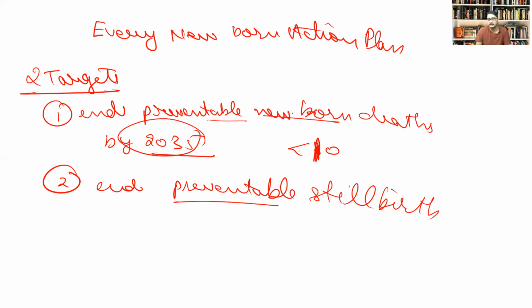Mostly, newborn deaths can be prevented. Now, what is stillbirth? The target is that by 2035, all should have less than 10. So both targets are single digit. So we have this Every Newborn Action Plan.